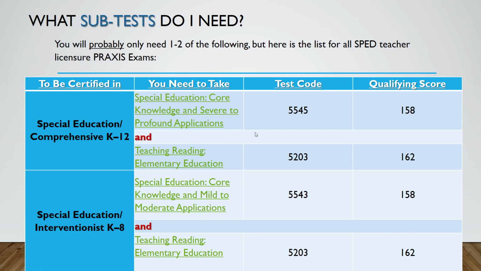For this certification, you will need to take both the Special Education Core Knowledge and Severe to Profound Applications and Elementary Education Teaching Reading. Test code here, and the qualifying scores are here.